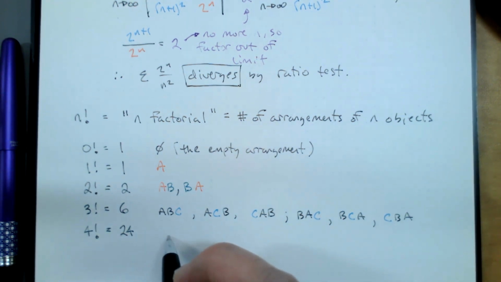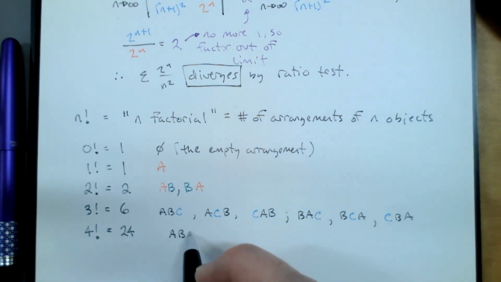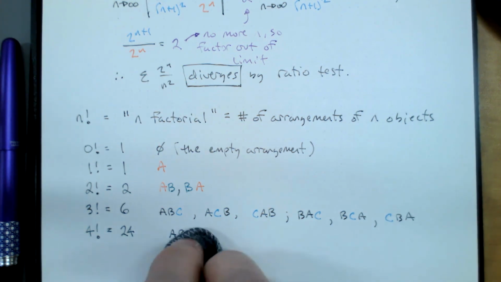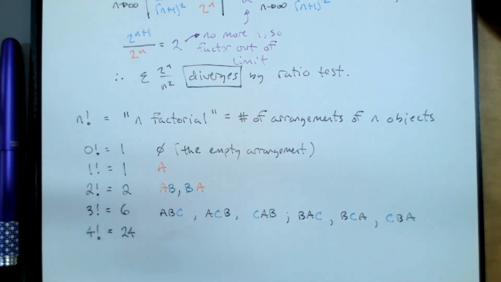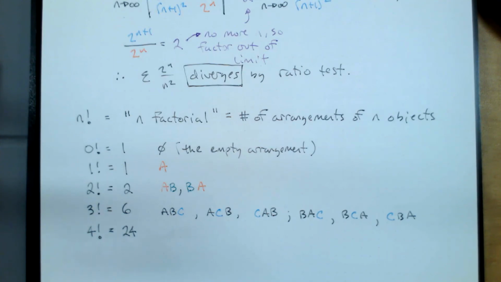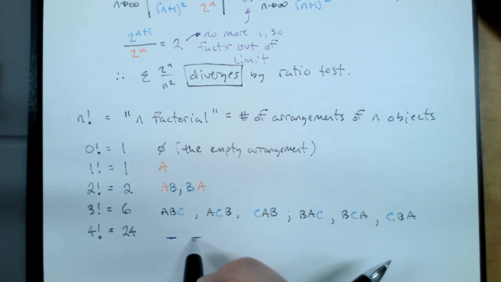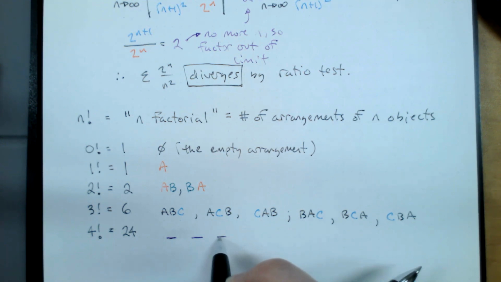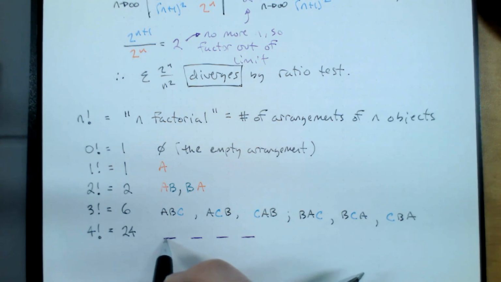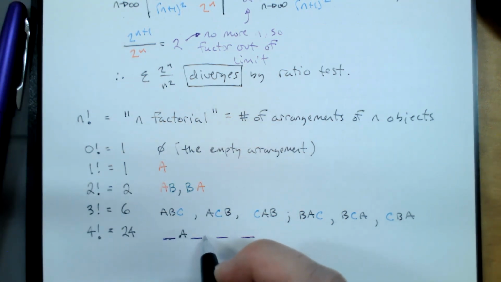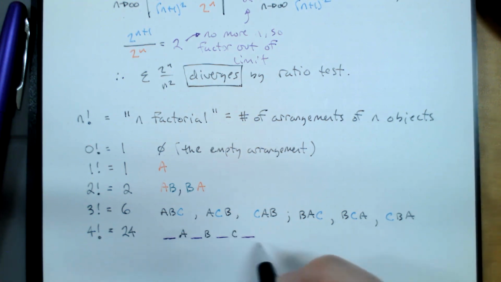So I can have A, B, C. You know what? I'm not going to. A couple years ago, I came up with a better way of writing this. I could put it first. So I could put the 4th one before the A, in between the A and the B, in between the B and the C, or at the end.